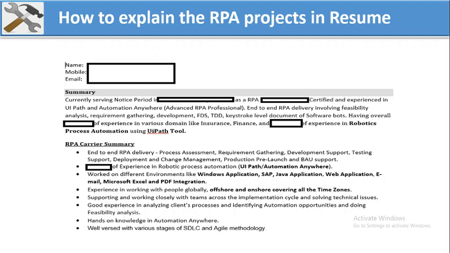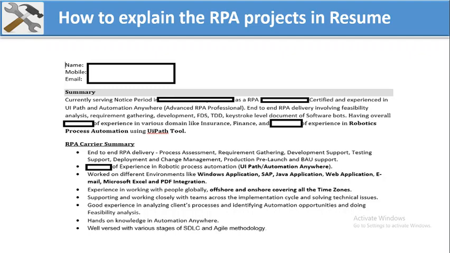The first thing is very important: mention your name, mobile number, and email, because if you get selected, the HR will contact you over the mobile number and email address. So it is very important to give the correct mobile number and email address. After that, you can give a one-paragraph summary of what you are currently doing and what your expertise is.